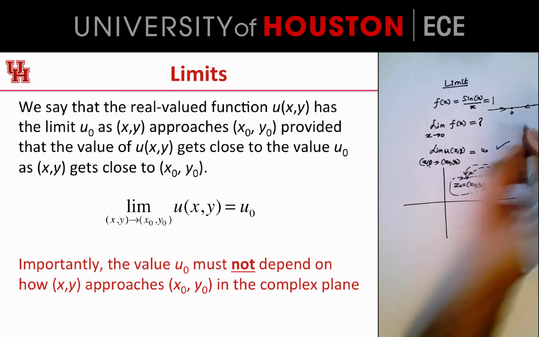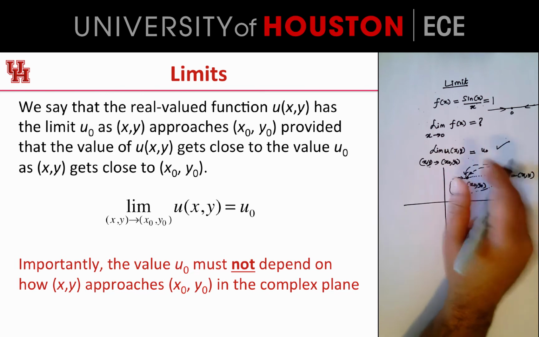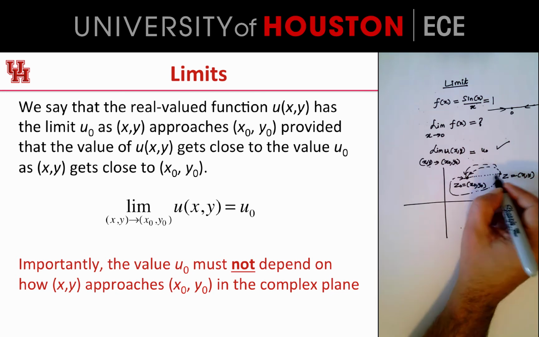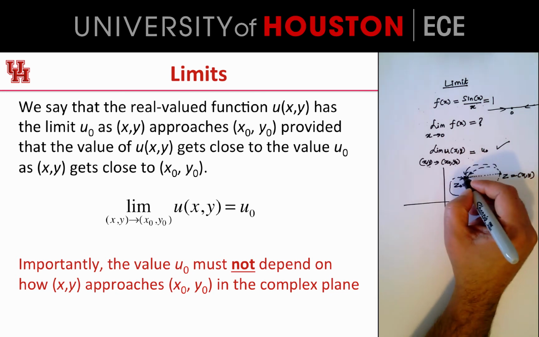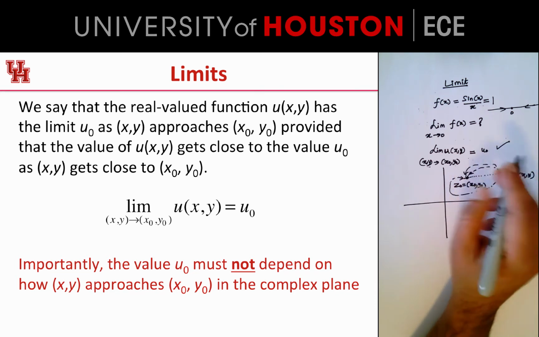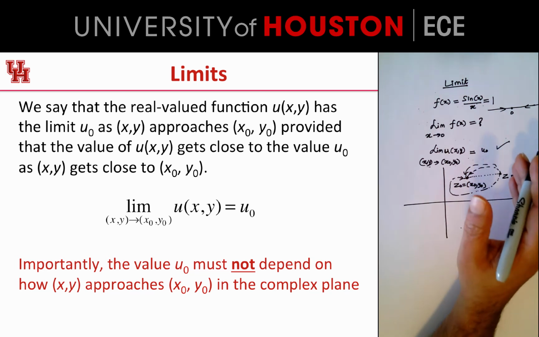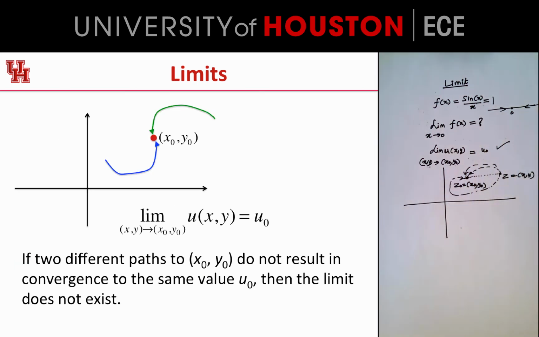If that is not true, even if you can find one exception, which means that suppose I can find two different paths for which I get two different answers, then I can say that the limit does not exist. In other words, the value of u naught must not depend on the path that you take in going from (x, y) to (x naught, y naught).